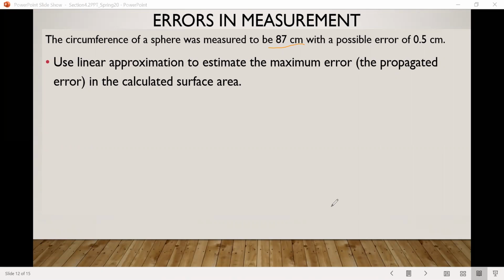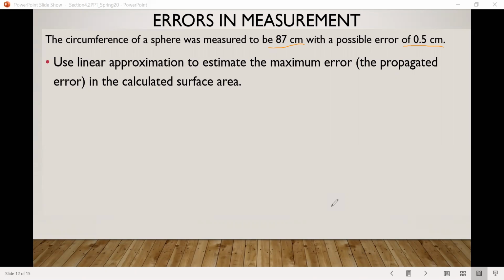Okay, so you take out a measuring tape and measure the distance around the outside. Now, whenever you make a measurement, because we're humans and we do error often, there's going to be some sort of error. And so they've determined, whoever's taken this measurement, that there's a possible error in their measurement of 0.5 centimeters, which means they could be off by as much as that.